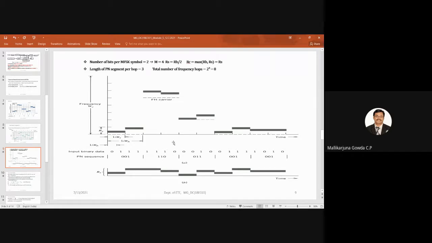If I take 0, 0 as F0, then 0, 1 as F1, then 1, 0 as F2, then 1, 1 as F3, like that. So this is the de-hopping diagram at the receiver side.